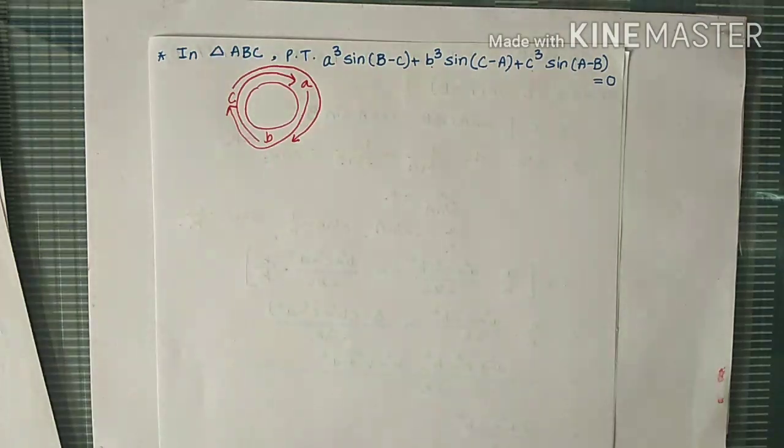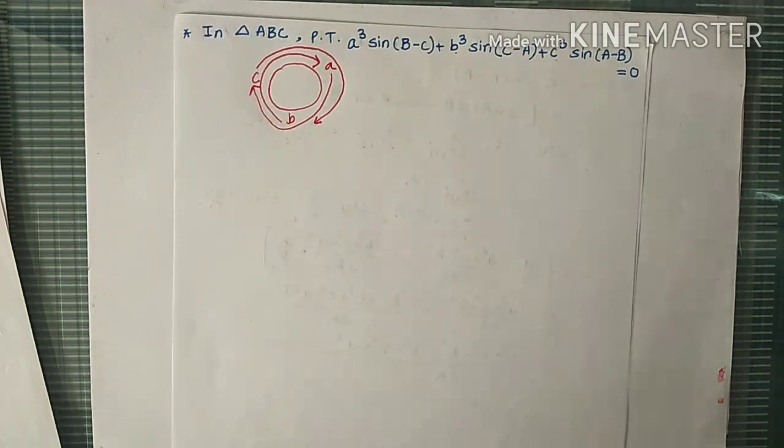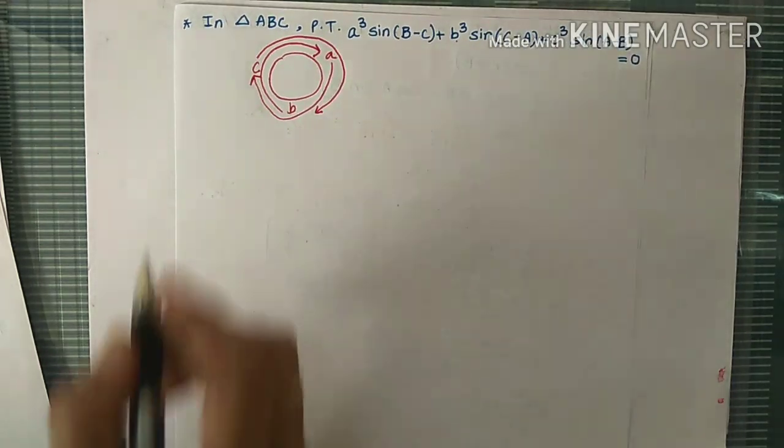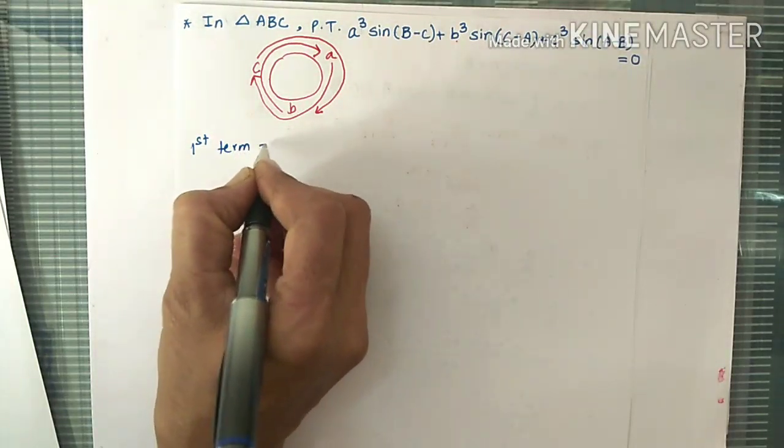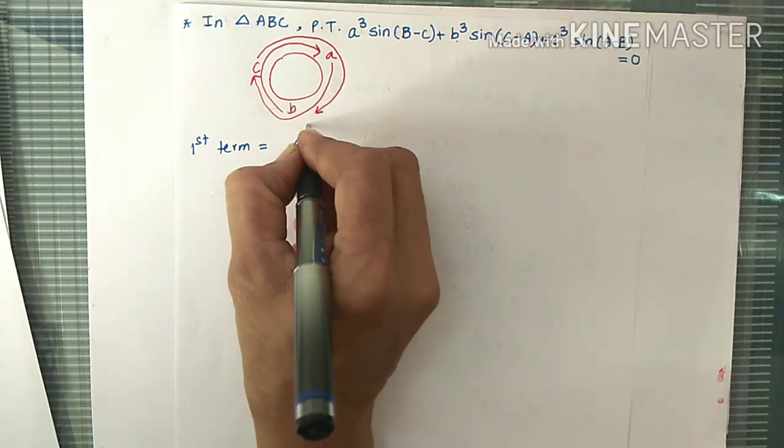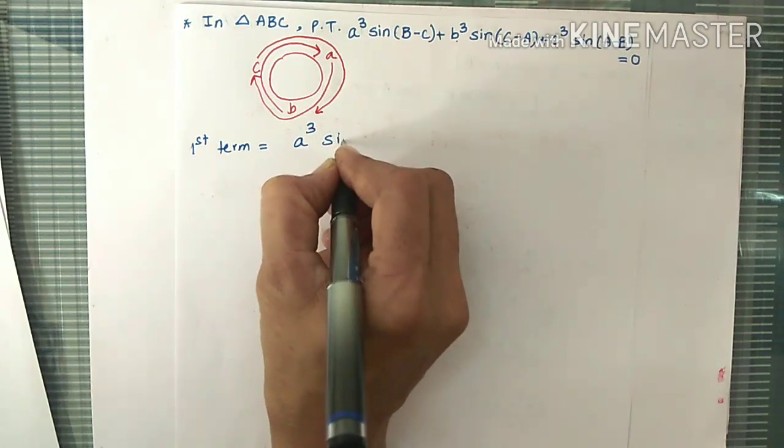So to solve such questions, we have to simplify only the first term. Similarly, we can simplify the other terms. The only thing is we have to simplify the first term, and similarly you can write for the remaining two terms. So let's simplify only the first term. So the first term is a cube sine of b minus c.